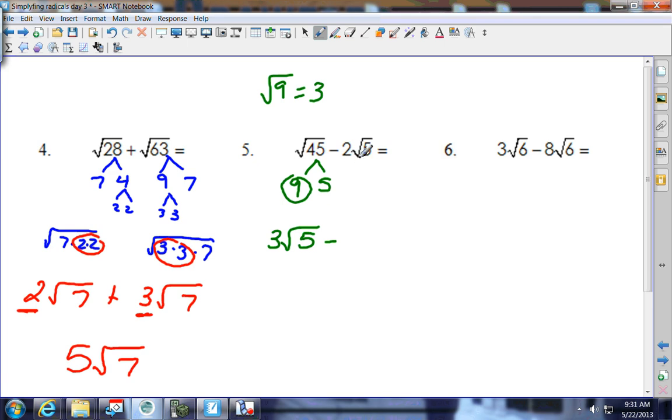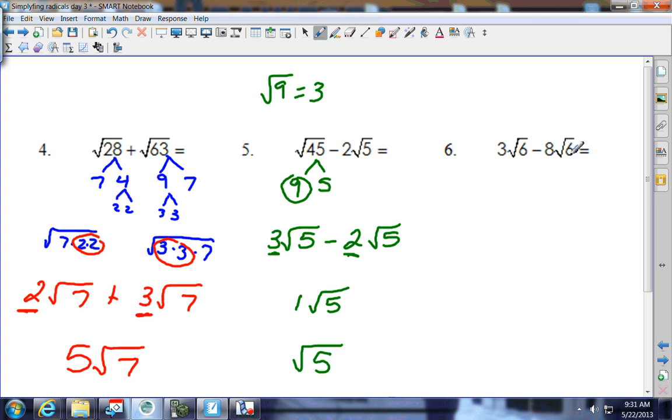Minus, now this is already in simplest form, 2 square root of 5. So now these are the same, so we do 3 minus 2. So you get 1. You can write 1 square root of 5, but really a better way to write it is just square root of 5.